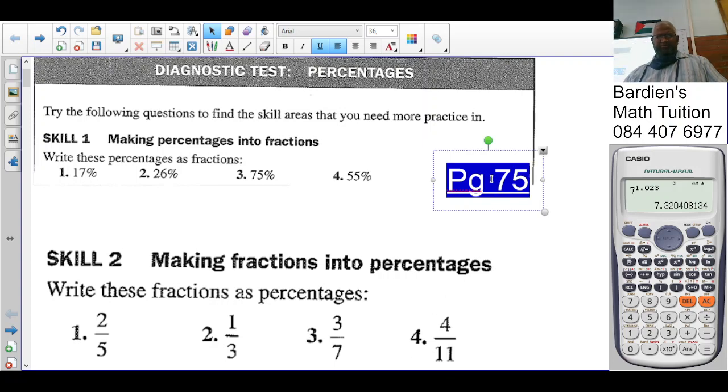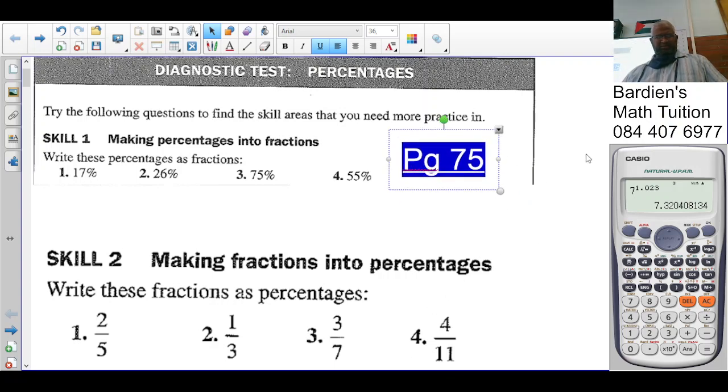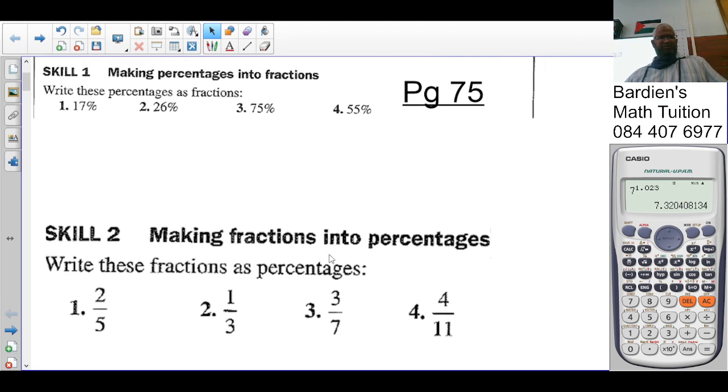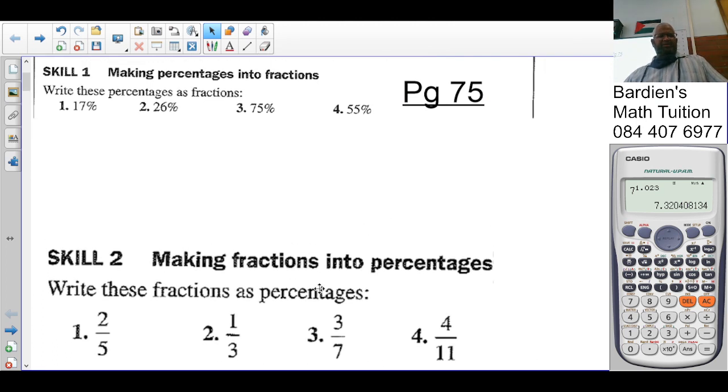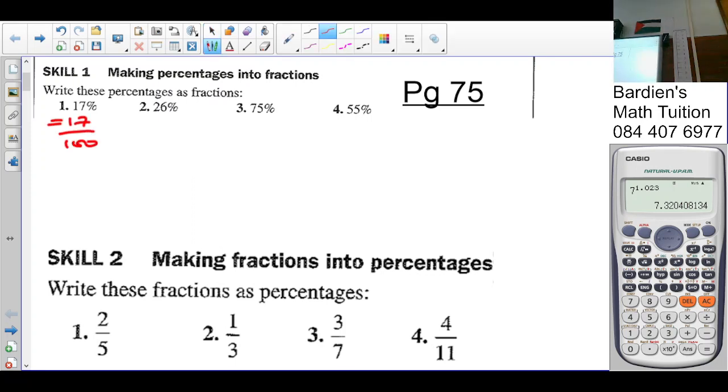So first things first, the question says making percentages into fractions. So 17% is going to be 17 over 100. Number 2 is 26 over 100, which is 2 goes into here 13 times 50.